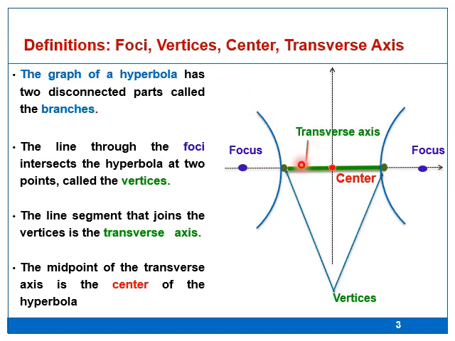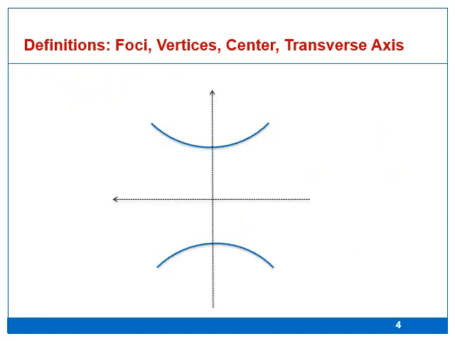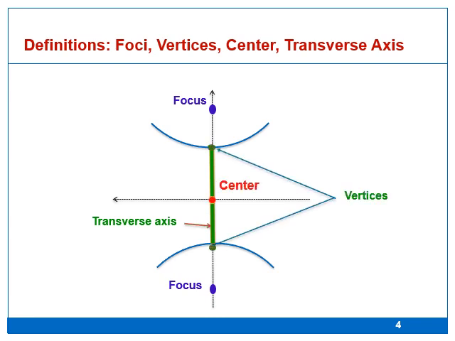In the ellipse, we were concerned about horizontal or vertical major axes. In the hyperbola, we are concerned about horizontal transverse axis or vertical transverse axis, as we'll see in the next slide. This is the case of the vertical transverse axis. It also has the two foci, the two vertices, and the center.